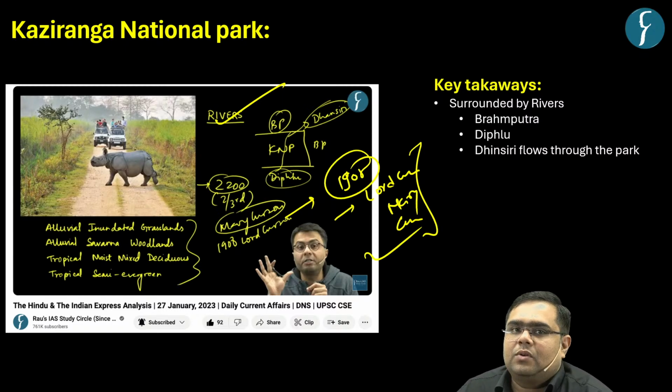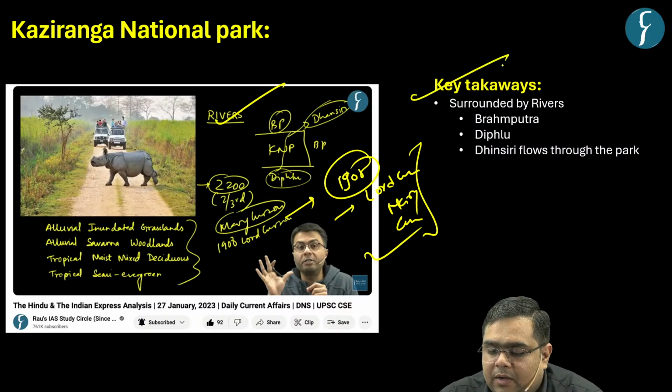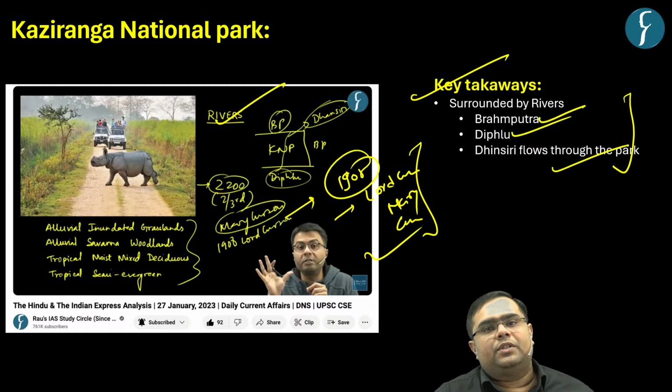Obviously back then it was not called a national park, but these were only called protected areas. But the key takeaway points for us are that it is surrounded by 3 rivers: Brahmaputra, Diflu and Dhansiri. So these are the key rivers around which this national park is located.